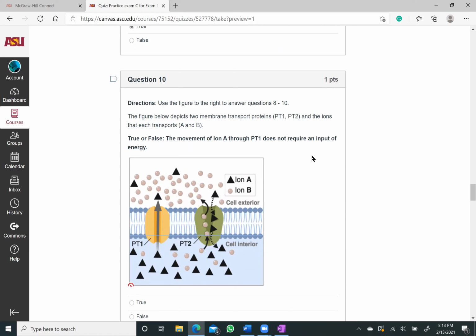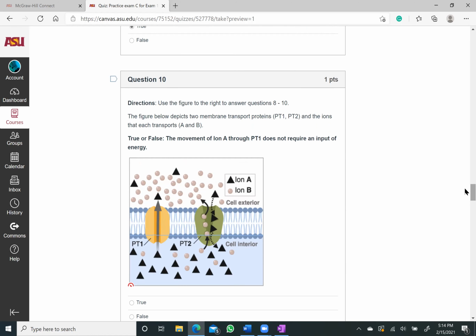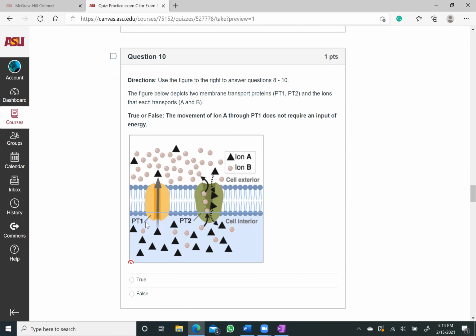Okay, so now we're on 10. This is asking if the movement through protein transporter 1 requires the input of energy. So let's look at protein transporter 1. We can see that what it's transporting is ion A, the black triangles, and it's transporting them from an area where there's a high concentration to low concentration.